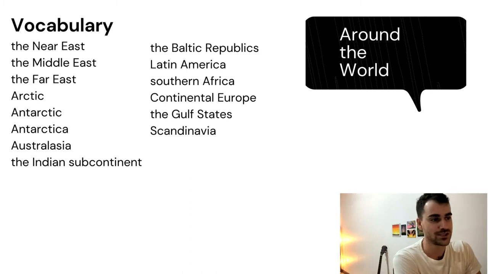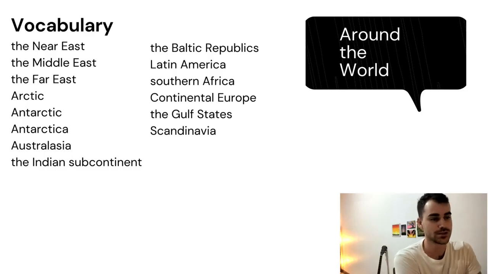Continental Europe is just the part of Europe not including any of the islands like the UK. The Gulf states are some regions near the UAE, as well as Oman, Qatar. These are called the Gulf states. And Scandinavia is the northern part of Europe, including Norway, Denmark, and Finland.